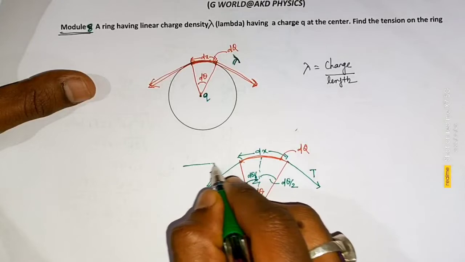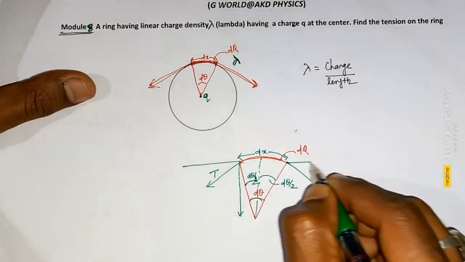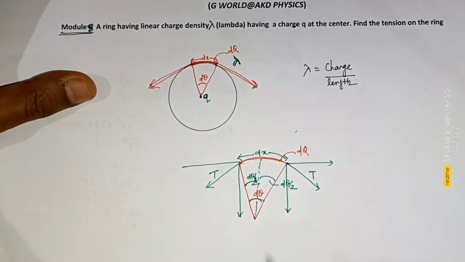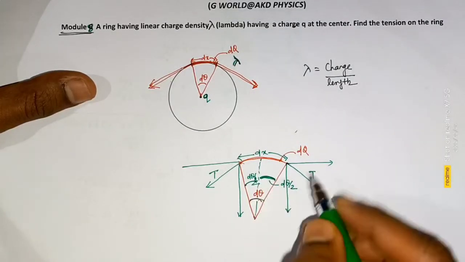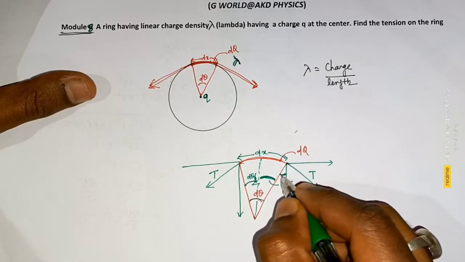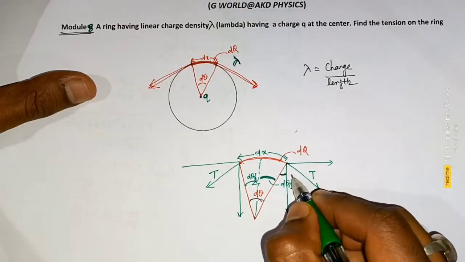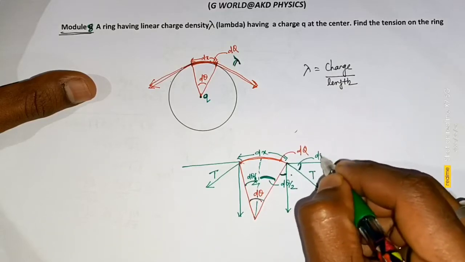I will break the tension into two components like this, and here also I will break it into two components like this. If this is d theta by 2, can I say this angle is also d theta by 2? And this is 90 minus d theta by 2, and the same angle, this one is d theta by 2.